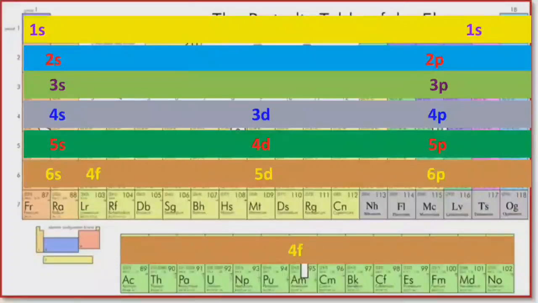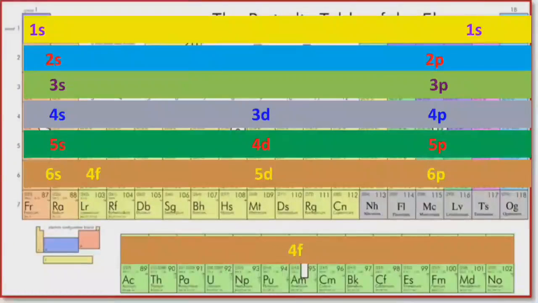If you observe the seventh period, total 32 elements are there, from francium to oganesson. From francium to radium, the 7s orbital is filled up. From actinium 89 to nobelium, the 5f orbital is filled up. From lawrencium to copernicium, the 6d orbital is filled up.